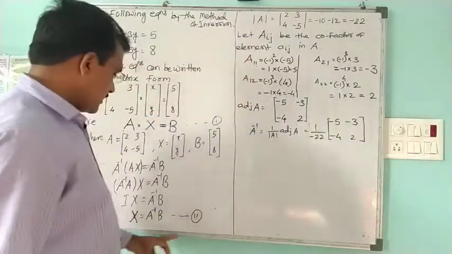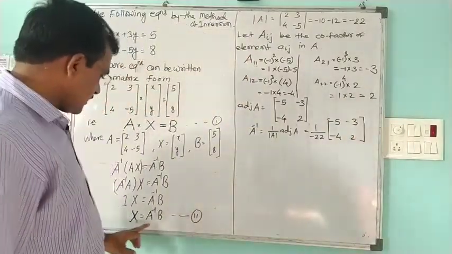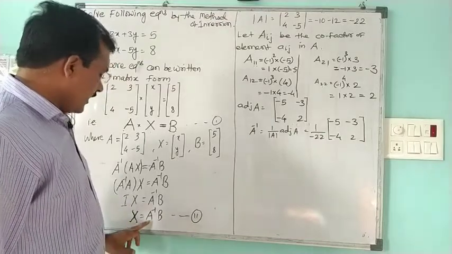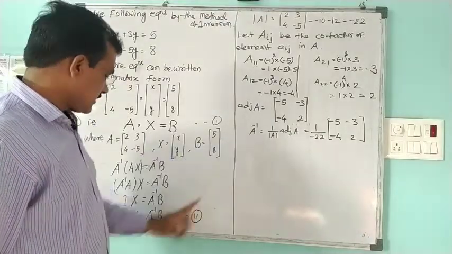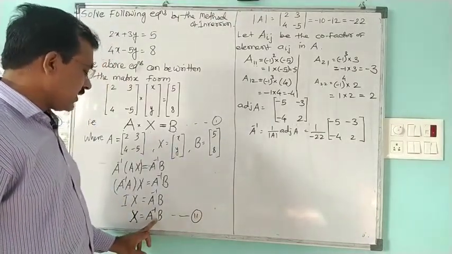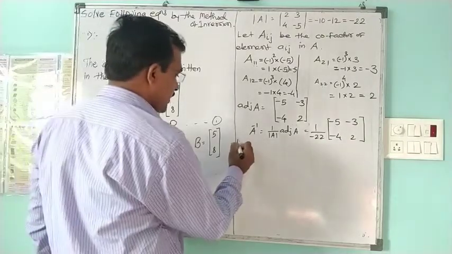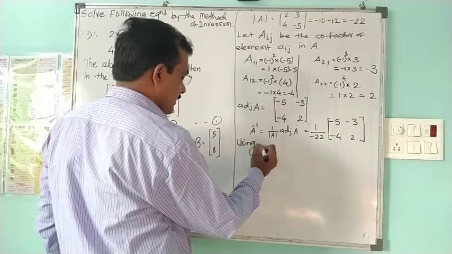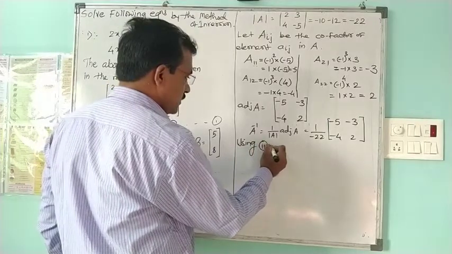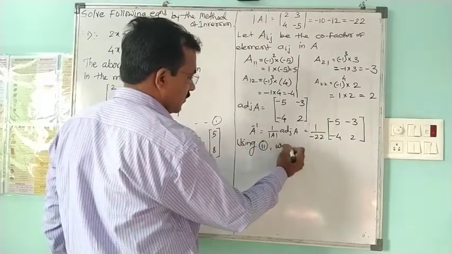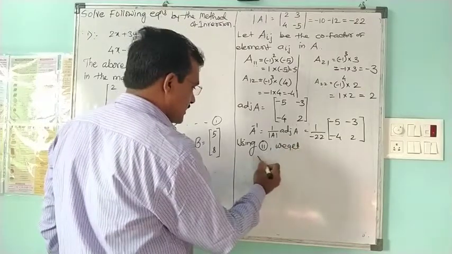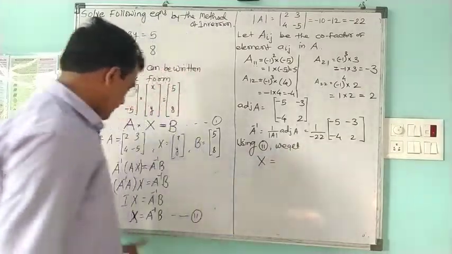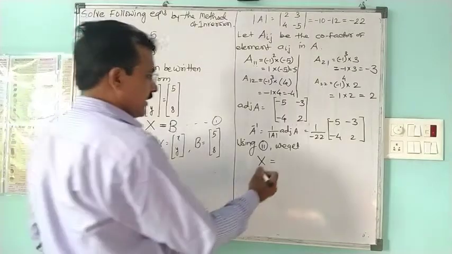Now let us turn towards equation second. We require this A inverse matrix, which is to be multiplied with B. So using equation 2, we get this capital X equal to A inverse.